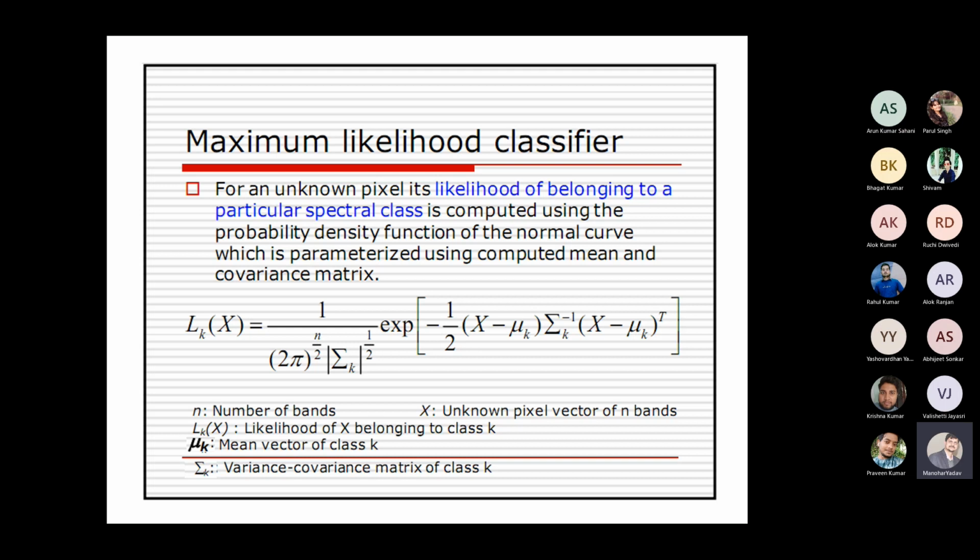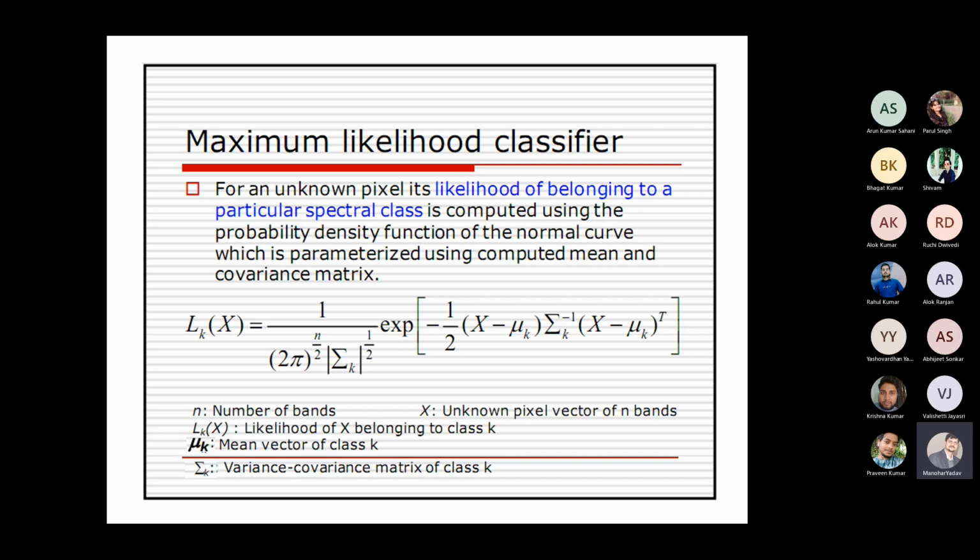So obviously we need to select training samples for those 5 classes. So 5 different sets of training samples we have, each representing a class. Then we calculate the statistical parameters for all those 5 sets of training samples.